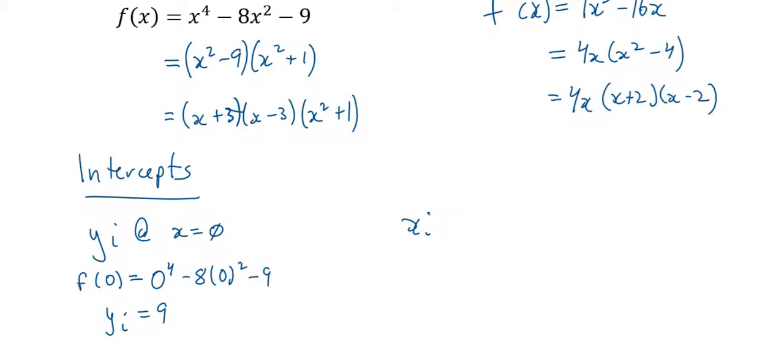And x-intercepts occur when, yeah, thank you, -9, obviously. When y equals 0. So that means, again, still the original function.